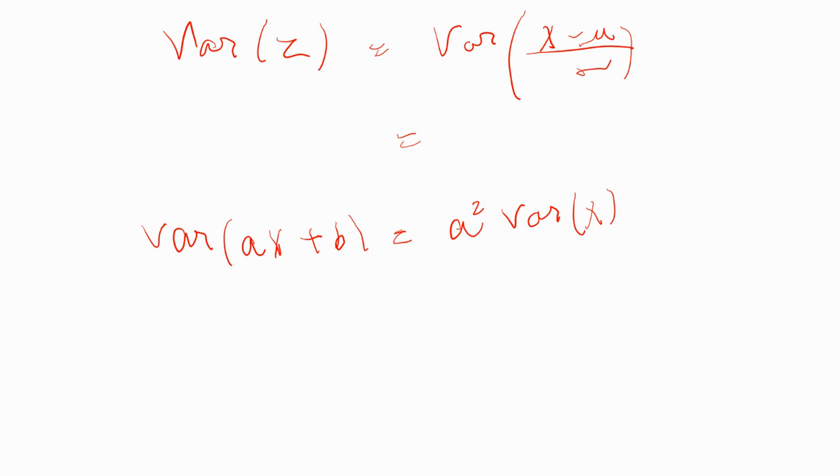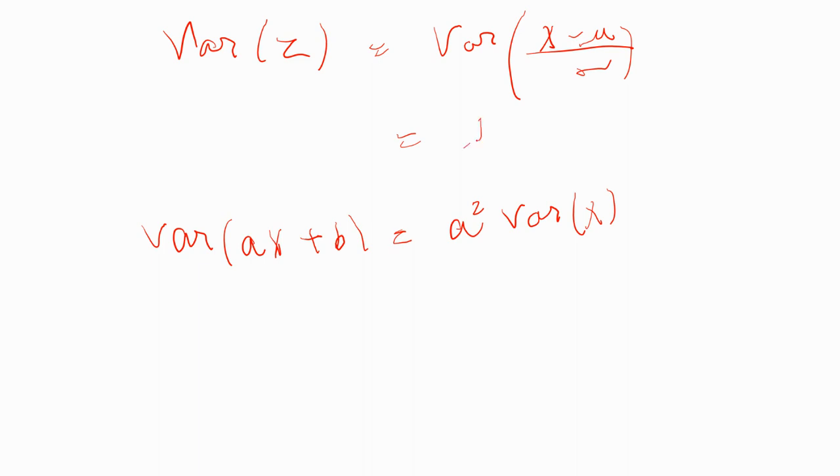And for the variance of b, it is a constant, so 0. Why is that? If you have just one number, then its variance, that means the range where it varies, will be 0 because it is a constant, it is just one number. So that will be 0, and for a it is a square. So a square times variance of x.